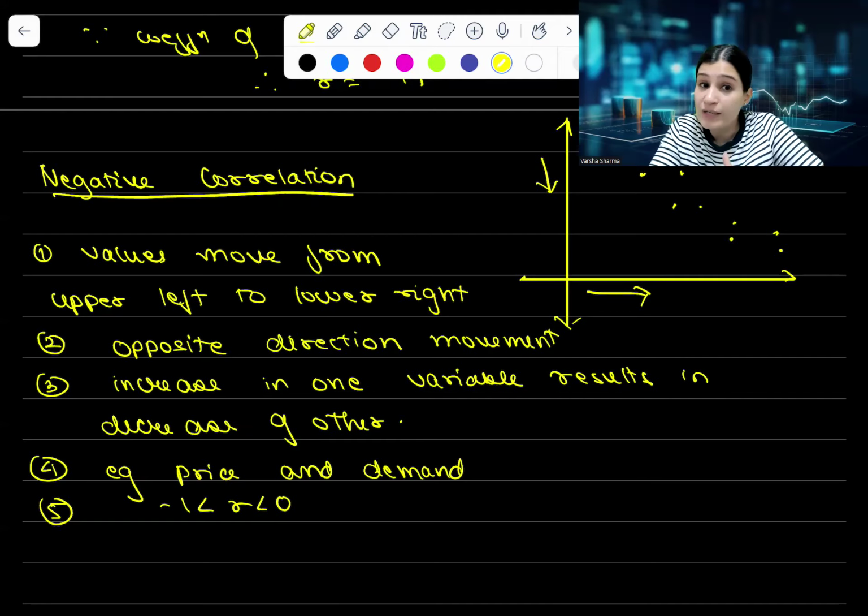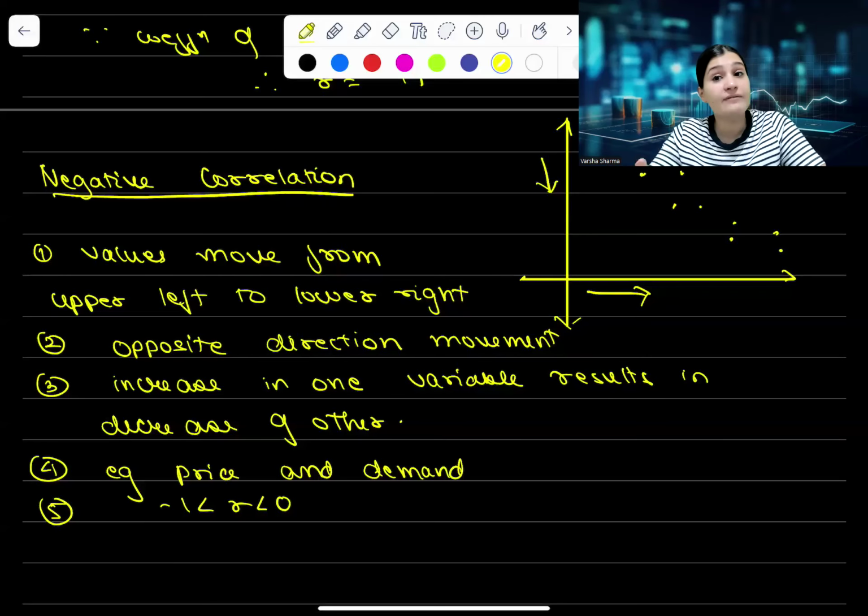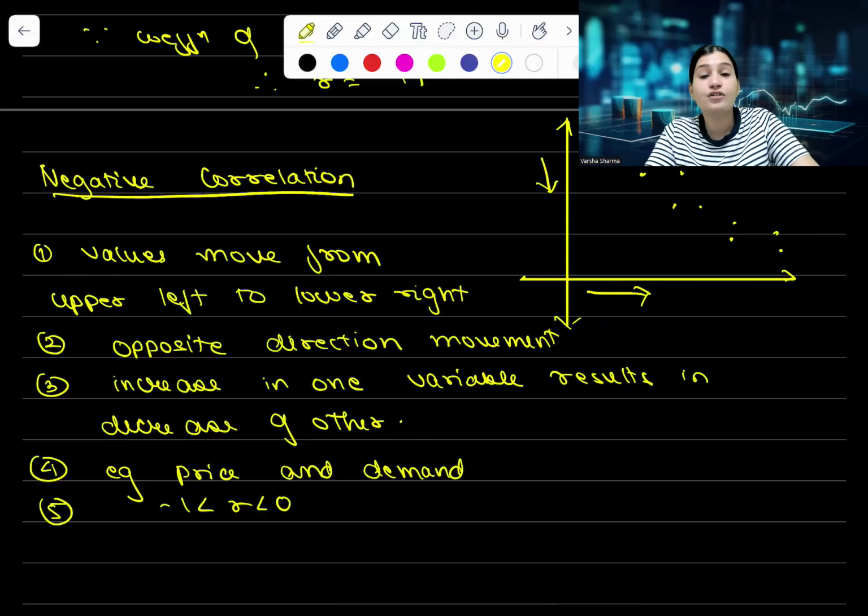Will you ever find out the actual value of R if it is not perfect? You know that the value will be between -1 and 0, but you will never know how much. Why? Because there is no formula. So it will tell you the nature, whether it is positive or negative relation, but it will never tell you the extent. R is 0.2 or 0.8, it will never tell you that.